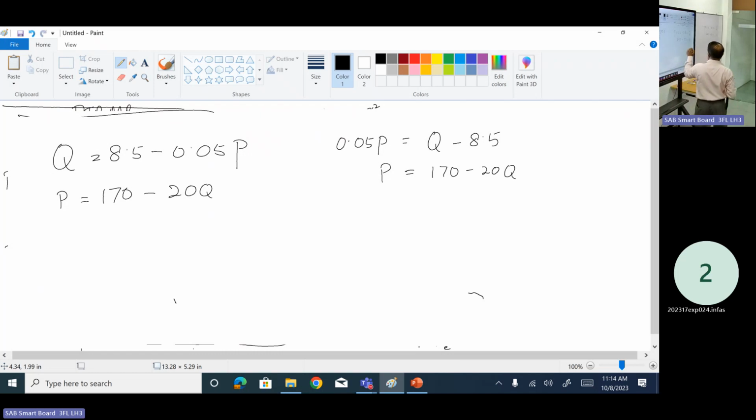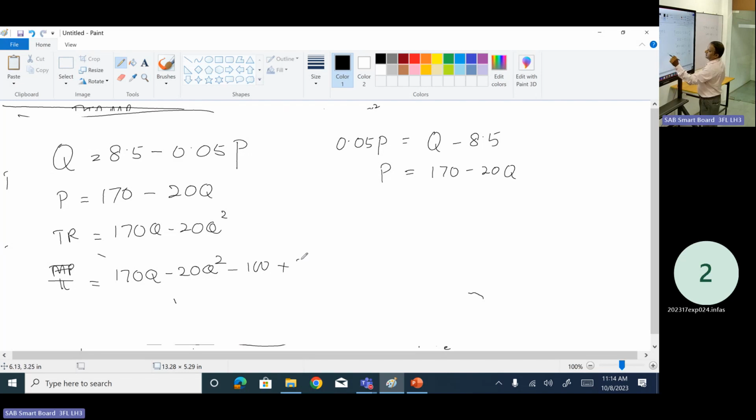Then the total revenue is 170Q minus 20Q square. So we have the profit. Profit means 170Q minus 20Q square minus 100 plus 38Q.